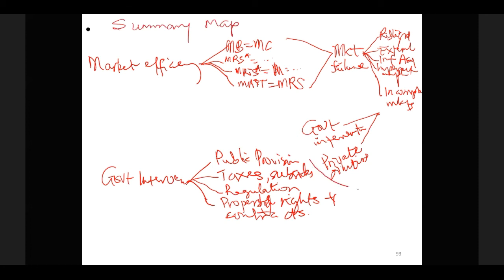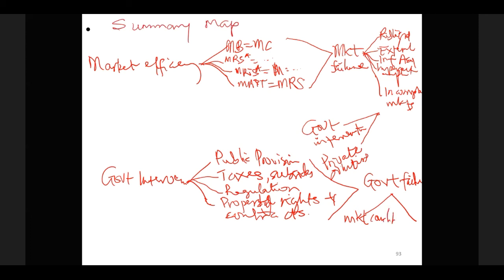Then we say these interventions can also fail, and when they fail, we have what we call government failure. Government failure situations can emanate from certain market conditions which make the market fail.